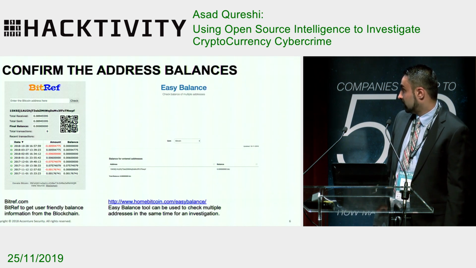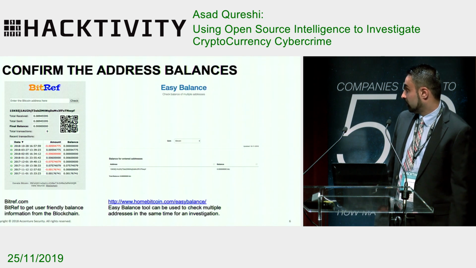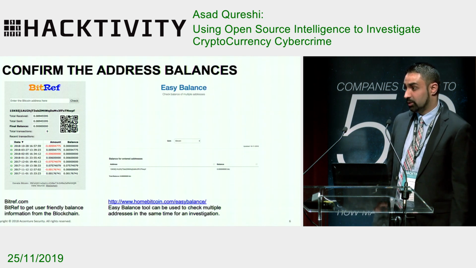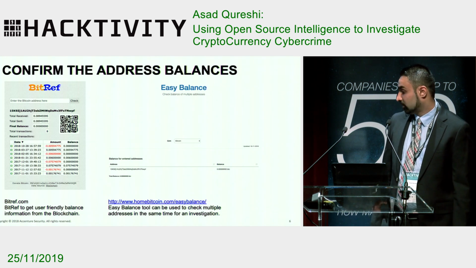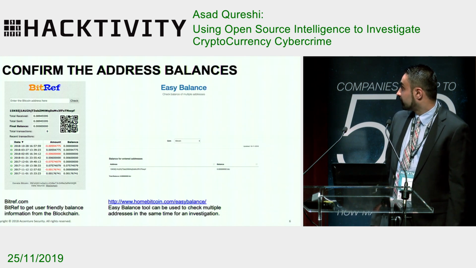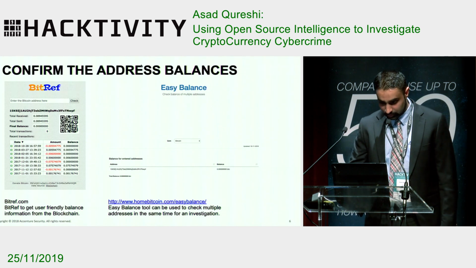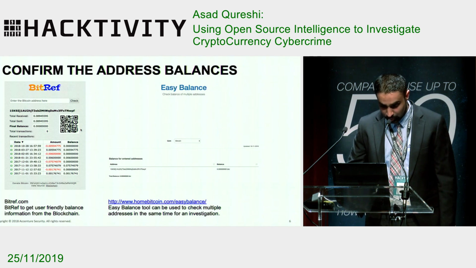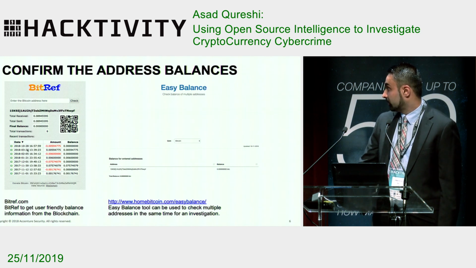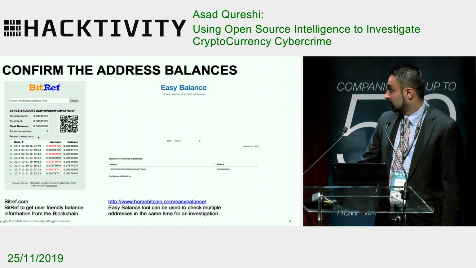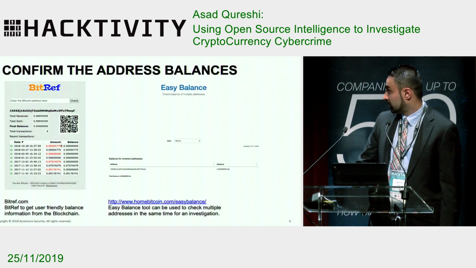So this is more of a user-friendly tool. If you don't understand the more complicated blockchain explorers, you can use this tool. So in this case, we see that we have a few different dates, and you see that amount, there's a minus amount, and there is the remaining balance.